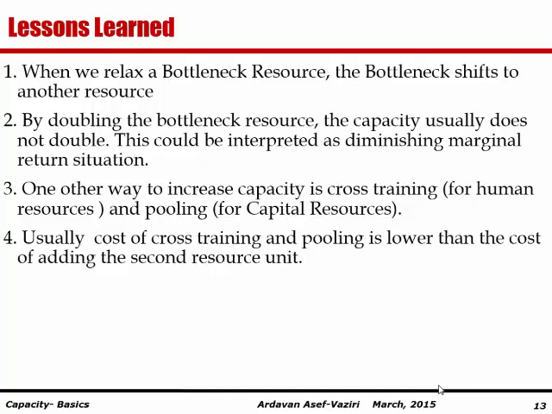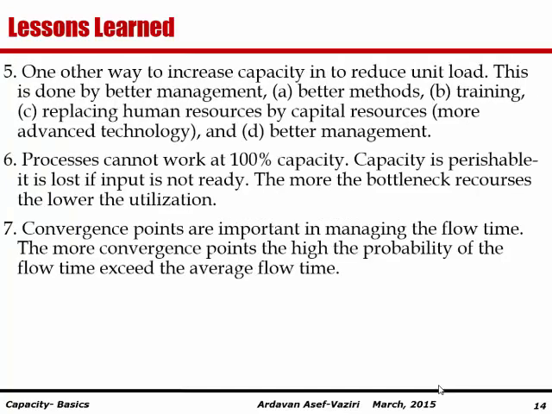This could be interpreted as diminishing marginal return. One other way to increase capacity is cross-training for human resources and pooling for capital resources. Usually, the cost of cross-training and pooling is lower than the cost of adding additional resource units.